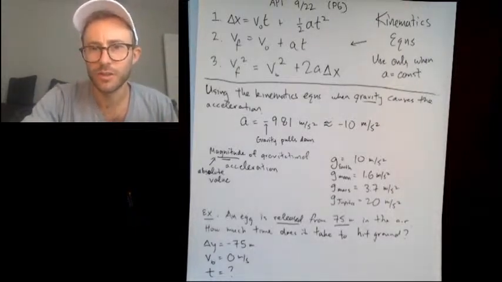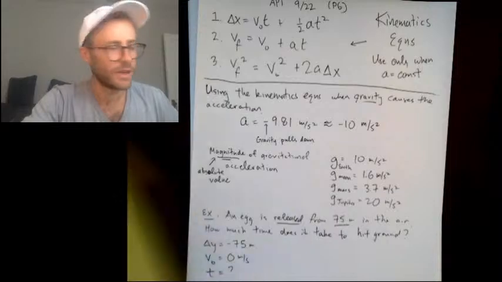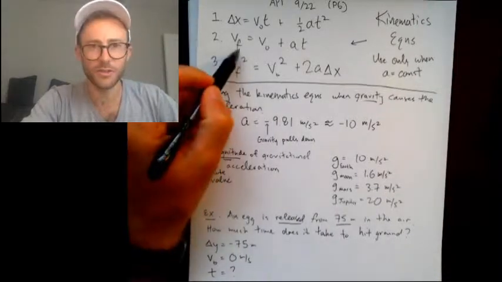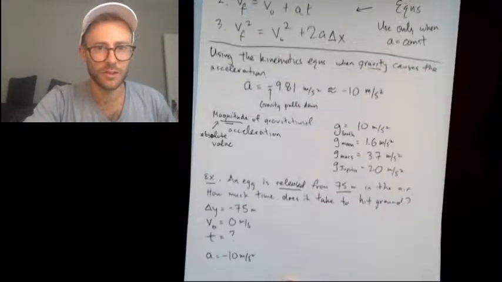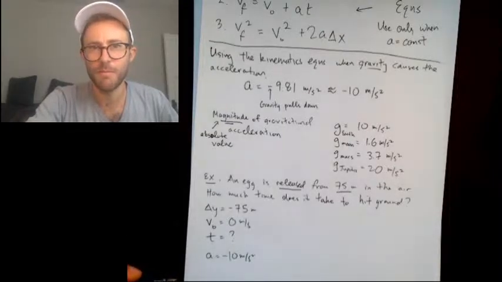Equation number 2 has final velocity. Final velocity isn't in our list of unknowns, so we can't use equation number 2.